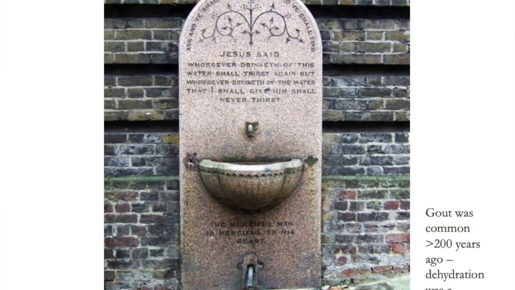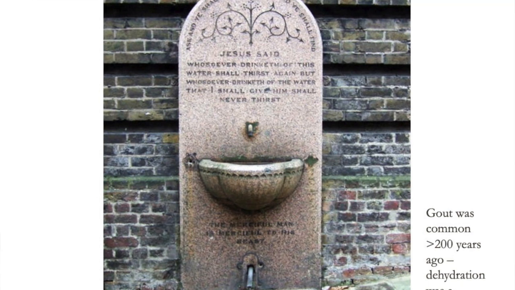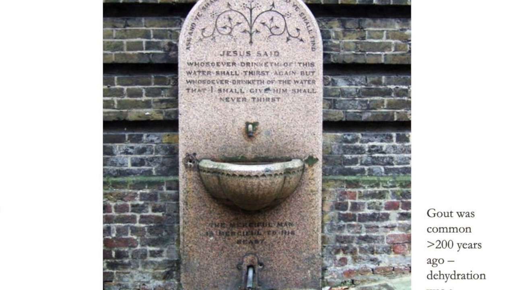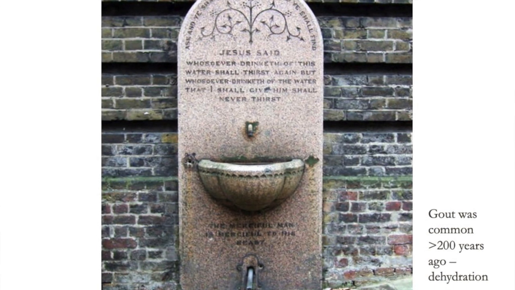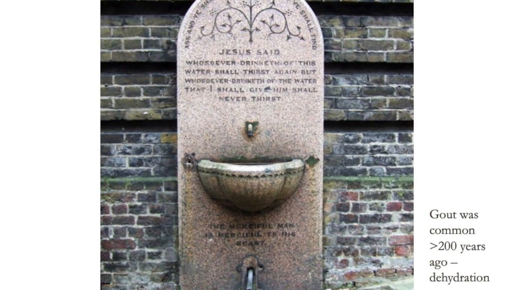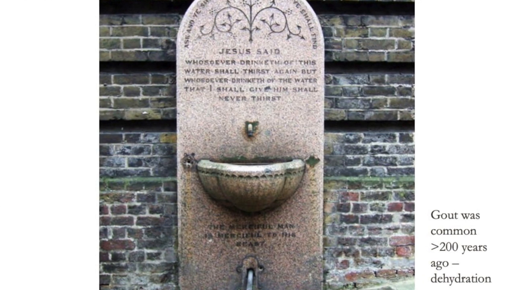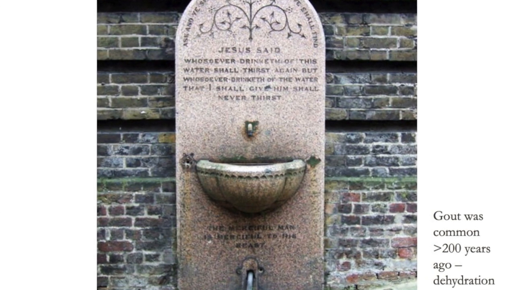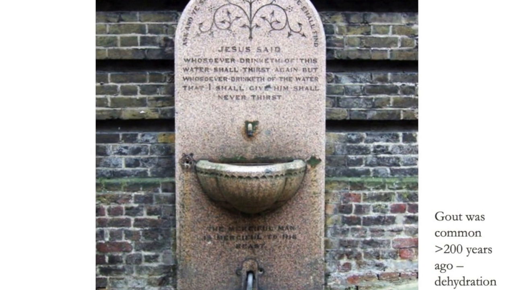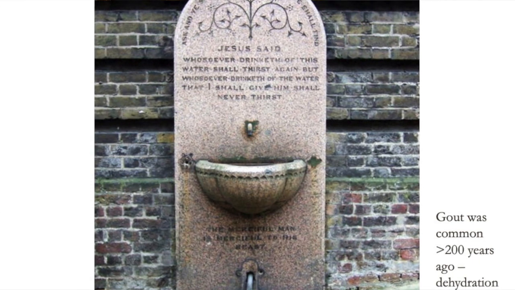Those of you who have occasion to visit the Royal Free and who go up the hill towards Hampstead Station will pass this drinking fountain, which was placed by the Metropolitan Cattle Trough Association, and it says thereon, "The merciful man is merciful unto his beast."